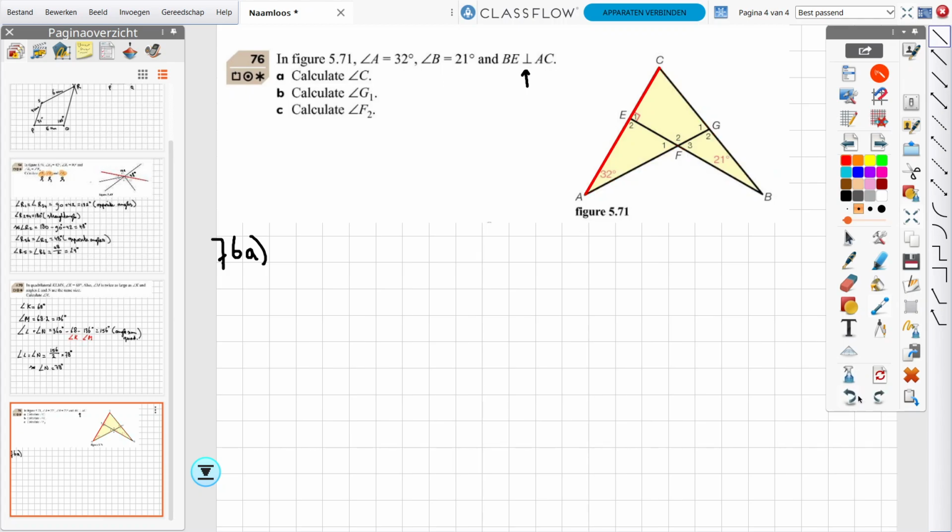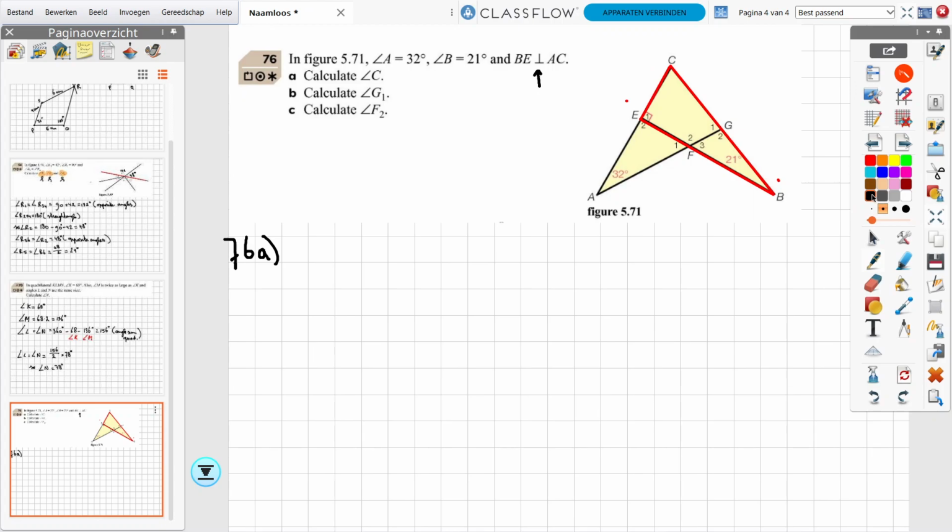However, this does bring us closer to what we should do, because if you take a look at this triangle right here, again, color coding it sometimes helps you recognizing what to do. If I take a look at this triangle right here, this is a triangle in which I know two angles, namely angle B and angle E1, which is 90 degrees.